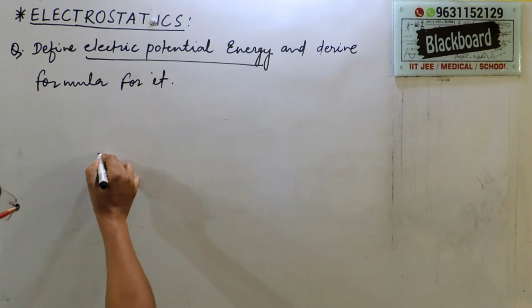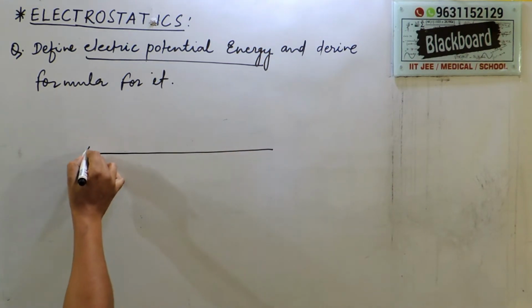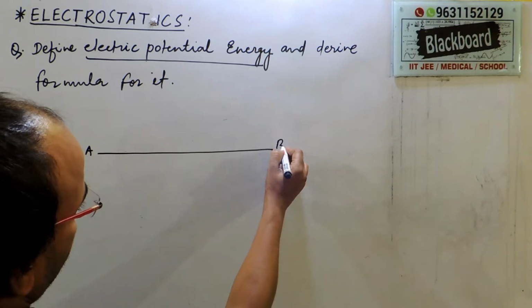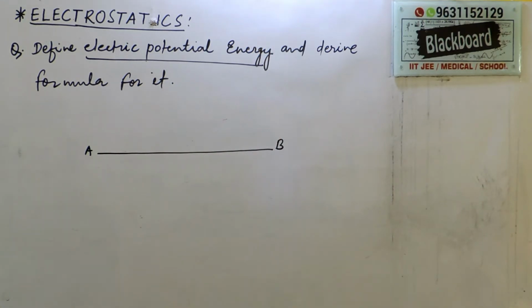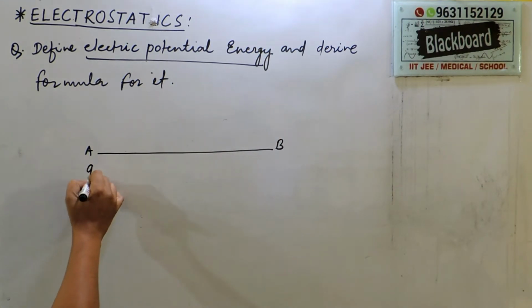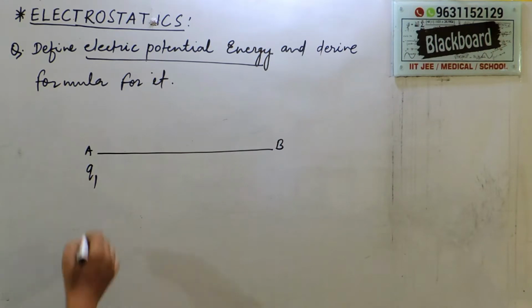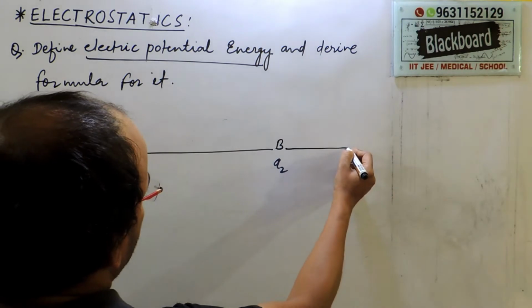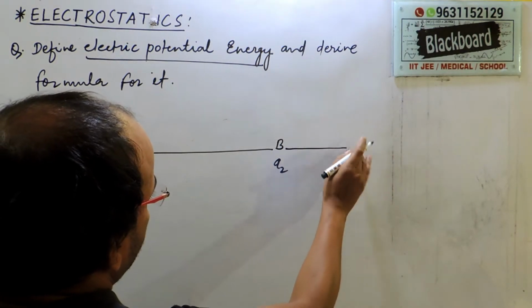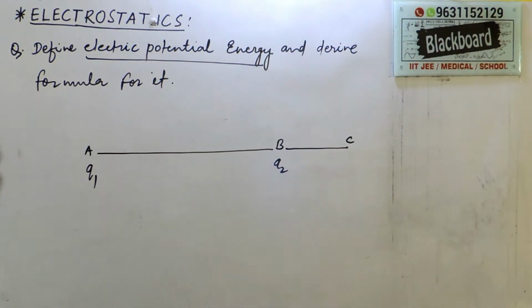Let this be point A and this be point B. At point A there is a charge Q1, and here is charge Q2, and Q2 is taken from point B to point C. We want to take this Q2 from point B to point C. Let point C be along the line ABC.